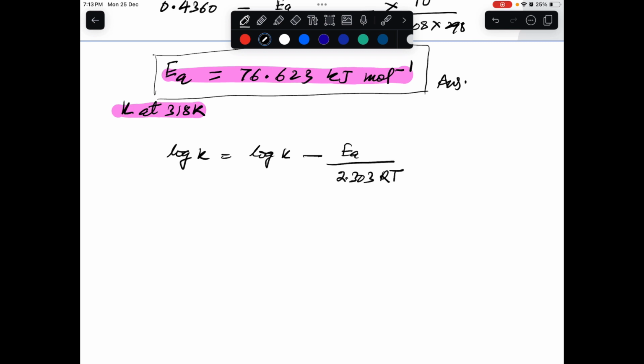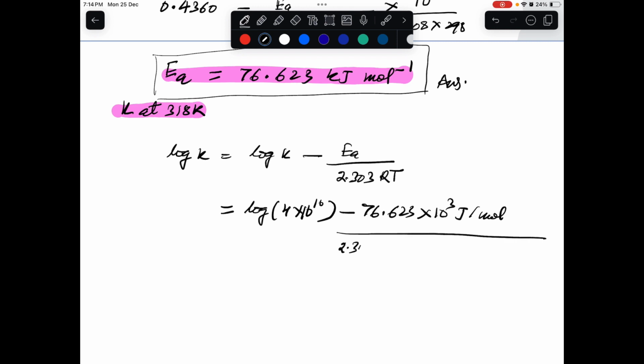Log A: the value of A is 4 into 10 raised to the power 10, it is given to us, minus EA we have calculated, 76.623 into 10 raised to the power 3 joules per mole divided by 2.303 into R, whose value is 8.314 joules per Kelvin per mole, into 318 Kelvin temperature.